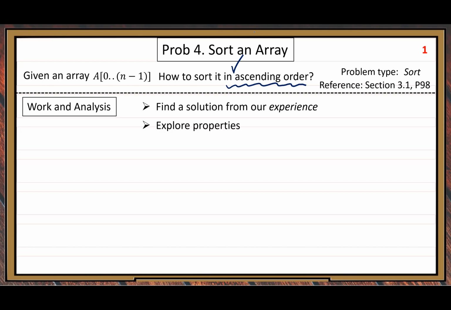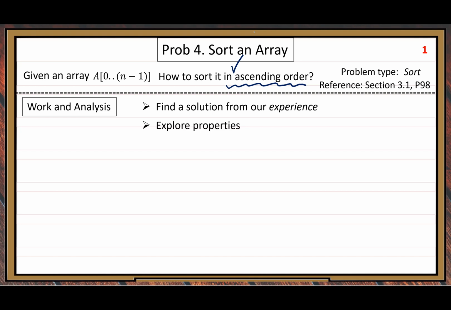Then if you can connect, how to study it, right? How to find the critical step, explore properties. You need to discover some key properties.